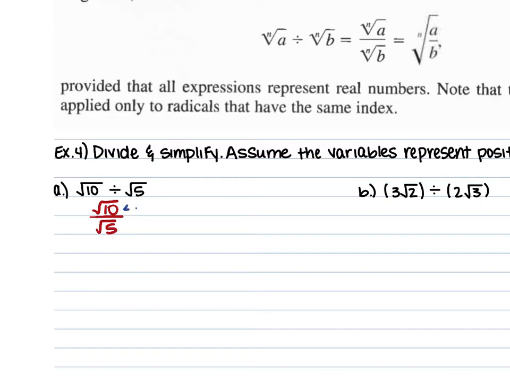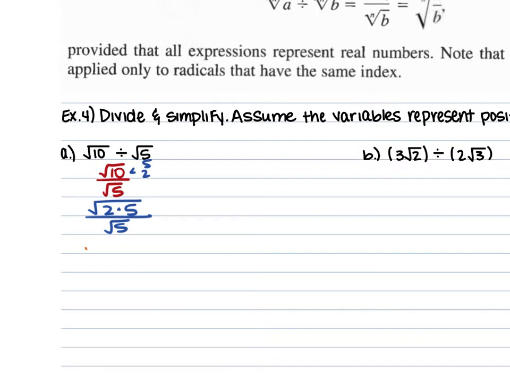That 10 has factors of 2 and 5, so I'm just going to rewrite it as the square root of 2 times 5 over the square root of 5. This then can separate to be the square root of 2 times the square root of 5 all over the square root of 5. Your square root of 5's cancel, so we're left with the square root of 2.